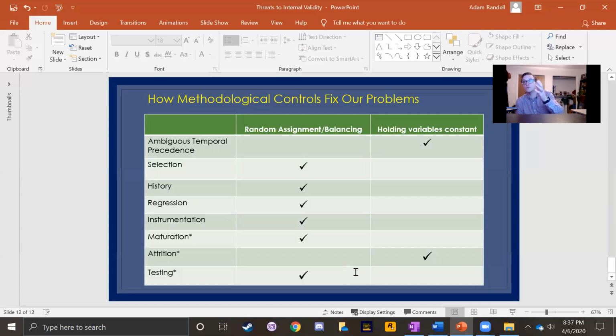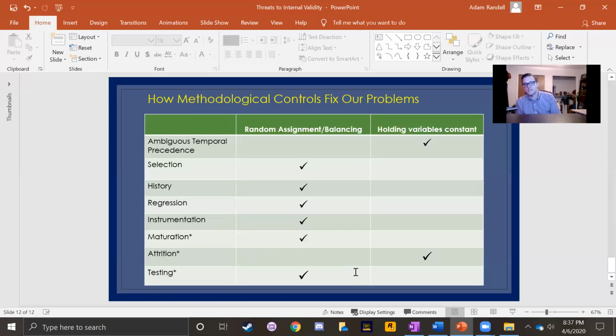And so if you do a study and you hold things constant and you randomly assign or you use some other method of balancing, you've taken care of all of those threats. All right. So that's why I said, as long as you carefully design a study, you make sure that it is balanced, that you've held things constant, then most of these things get taken care of.